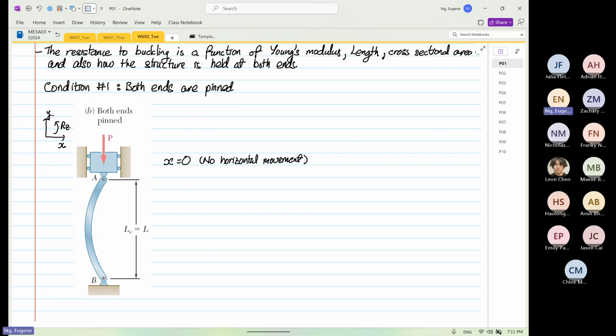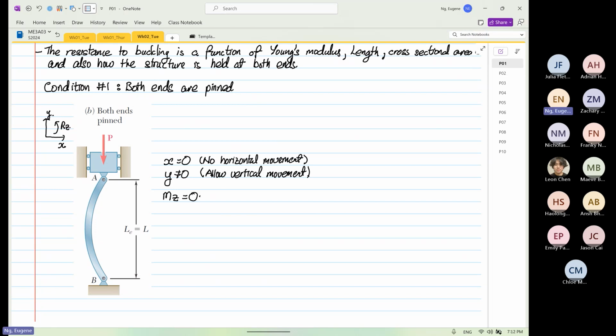And for this case, y is not equal to 0. This is because you allow vertical movement. Okay.